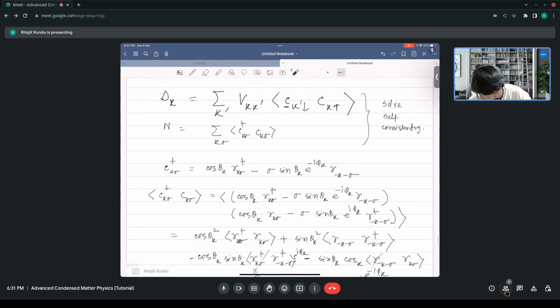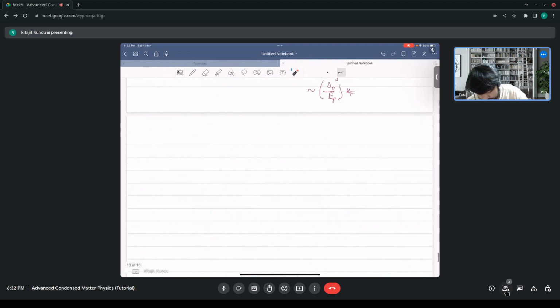So we have obtained this kind of expectation value, and now we still have to obtain this other kind of expectation value. The protocol is the same. We write this in terms of the gamma operators, expand it out, and see what we get. The other term is c_{-k,-σ} and c_{kσ}. Let me write out the expression.